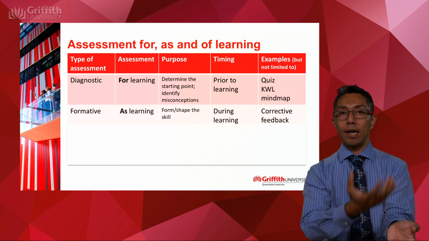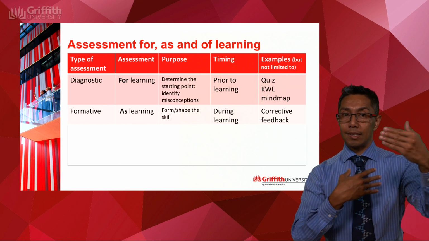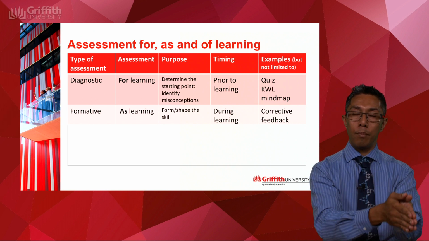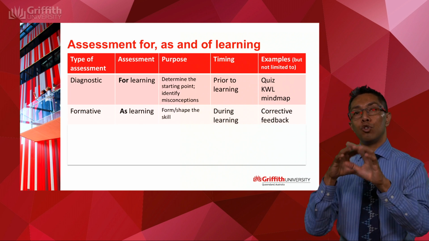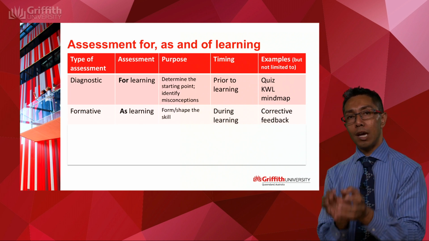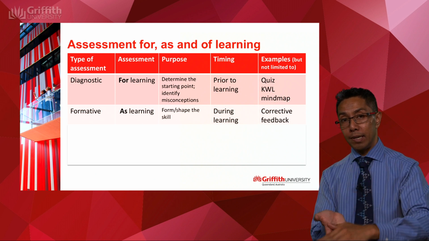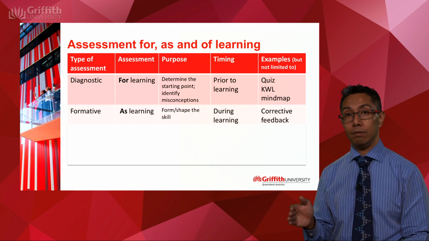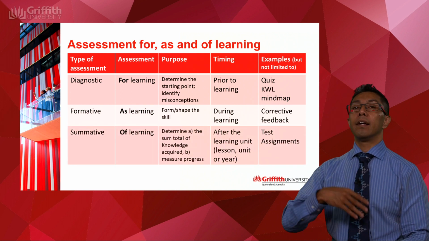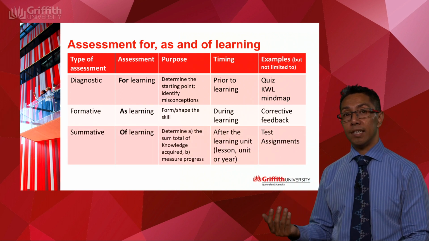It's that corrective feedback, so that assessment in the moment and providing immediate and corrective feedback to help form and shape either that piece of content, that conception, or that skill. Okay? That leaves the last type of assessment, summative.